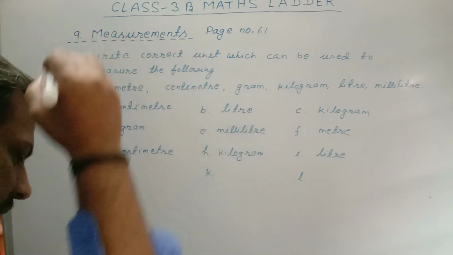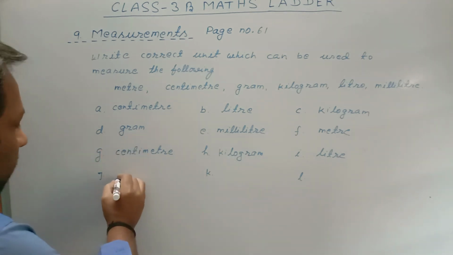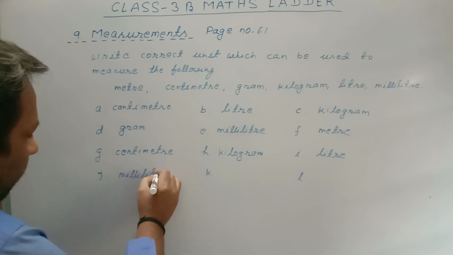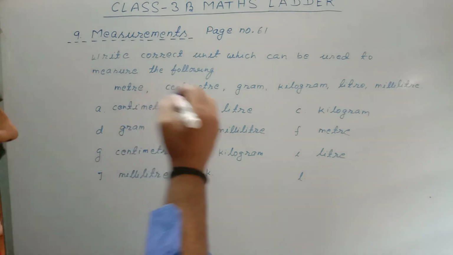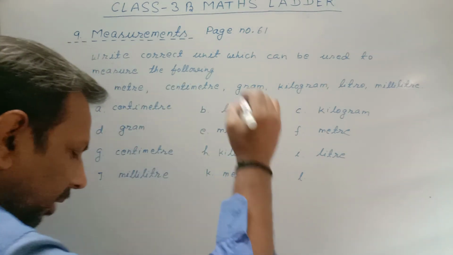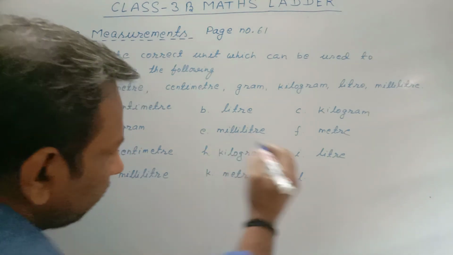Then question number J, quantity of coffee in a cup, that will be measured in milliliter. Question number K, length of a bus, that will be measured in meter. And question number L, weight of a mobile phone, that will be measured in gram.